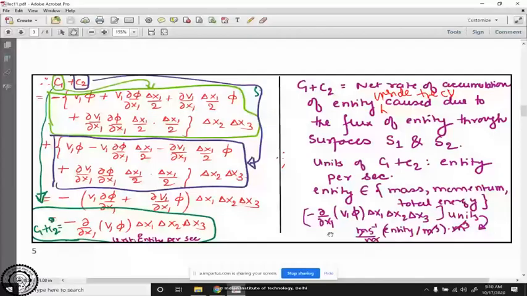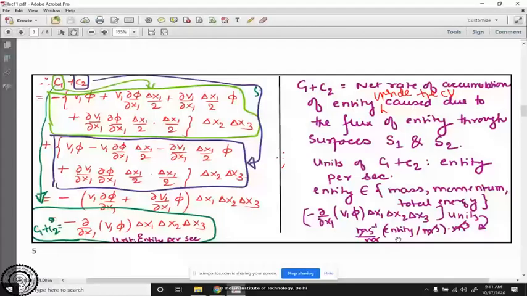So del by del x1 is 1 per meter. V1 is meter per second. Phi, you remember I defined as entity per unit volume, so entity per meter cube, and delta x1, delta x2, delta x3 give us volume. So indeed, when things cancel out, you will get entity per second.